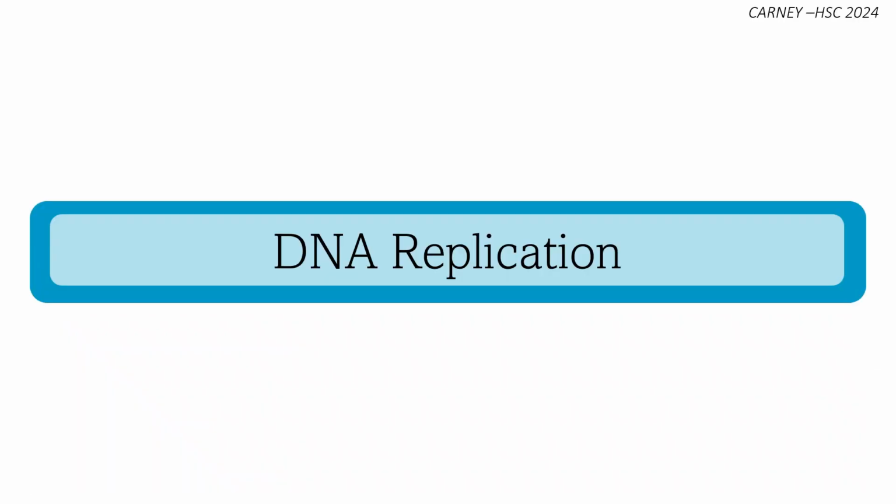DNA replication is the process by which a cell makes an identical copy of its DNA. This process is essential for cell division, growth, and repair.